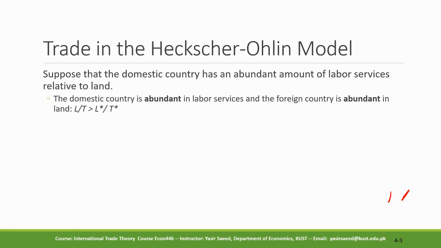If we want to write it mathematically, we can write it as L by T, which is greater than L star by T star. L represents labor and T represents terrain or land, whereas star represents that we are using these variables for the foreign country.